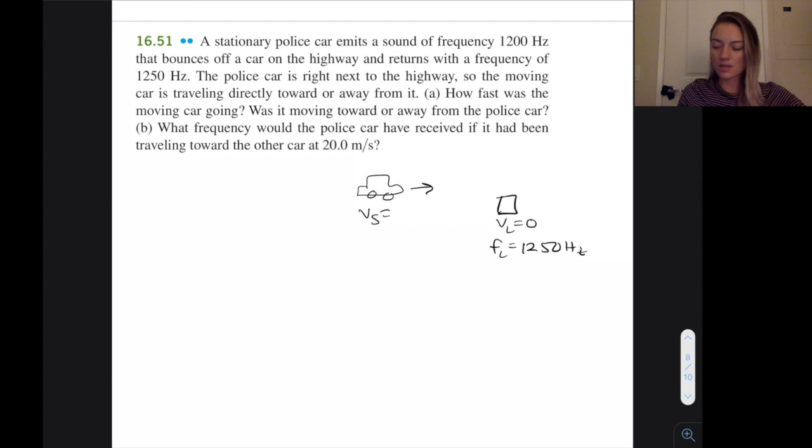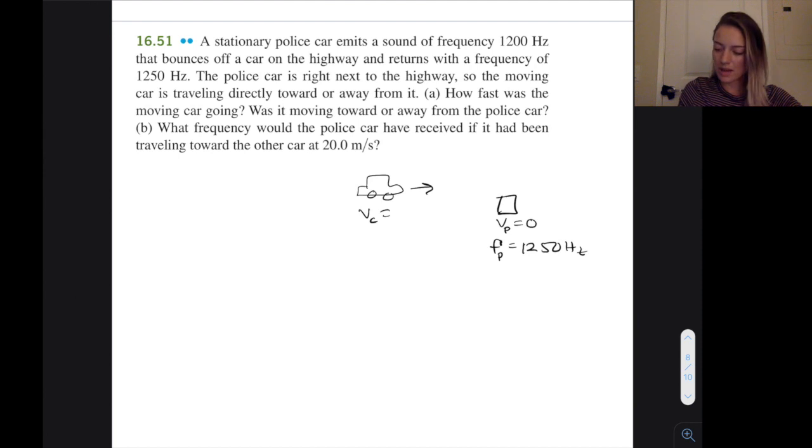What we have here is a double Doppler shift because he's the original source, right? Let me change these actually to the velocity of the car and the velocity of the police officer, so it's not confusing. This is the frequency of the police officer that he hears. We'll call that F prime, because that's what he hears back.